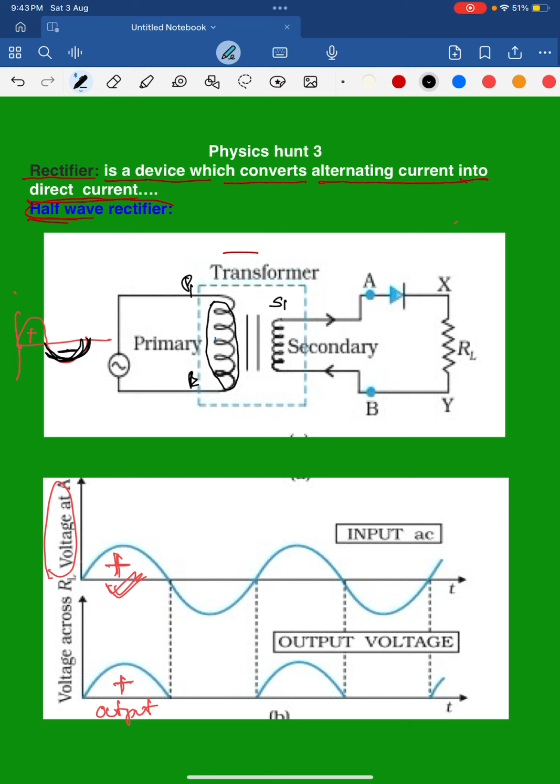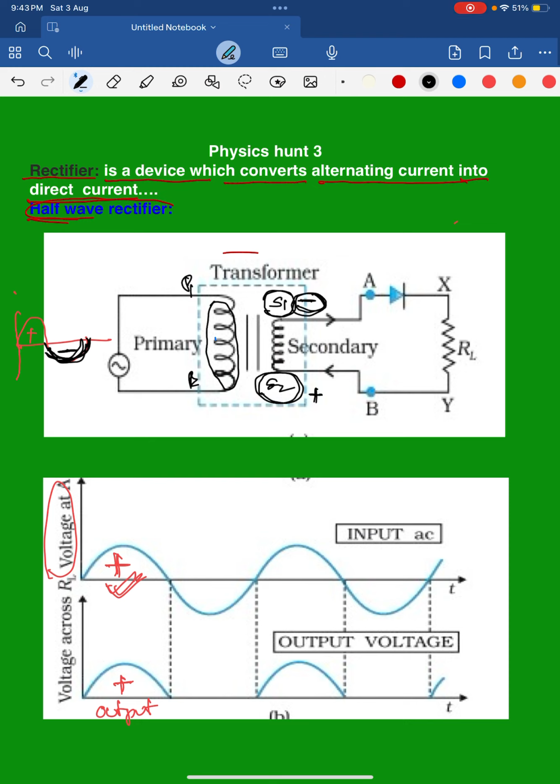This current induces an EMF in the secondary coil S1 and S2. During the negative half cycle of AC, S1 of the secondary coil will behave as a negative charge. Similarly, S2 of the secondary coil will behave as a positive charge.